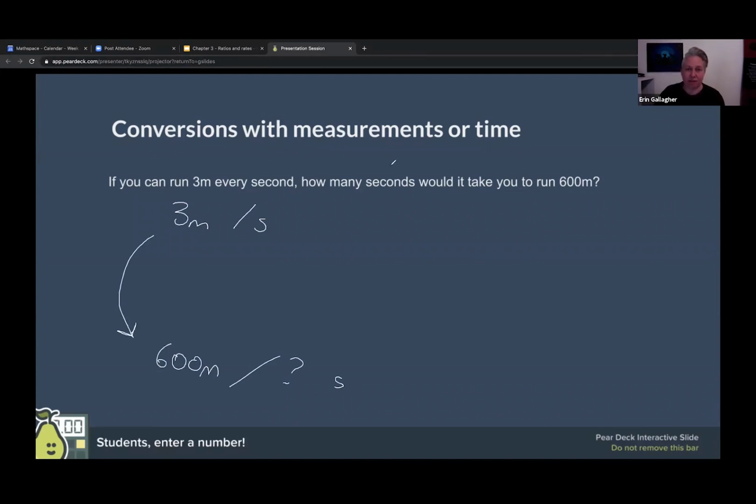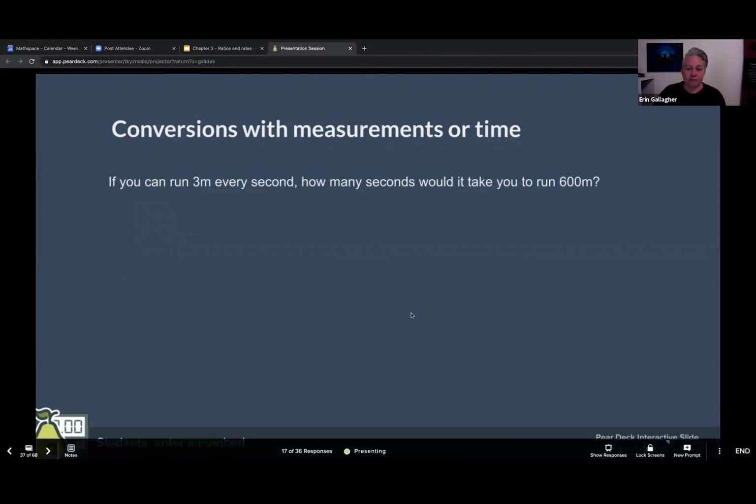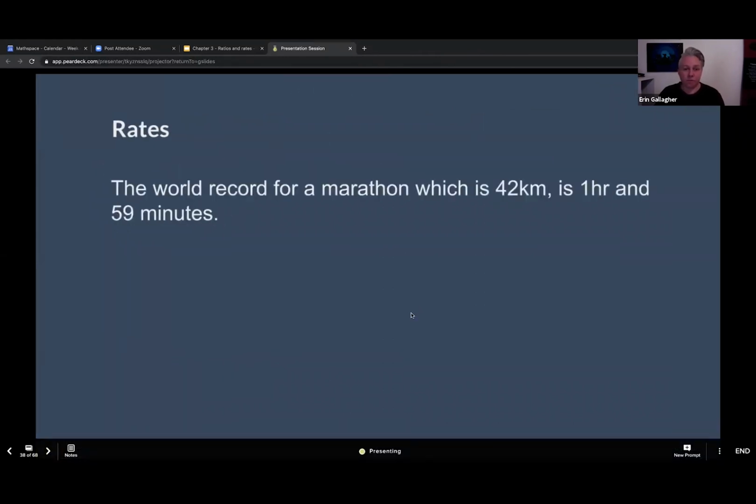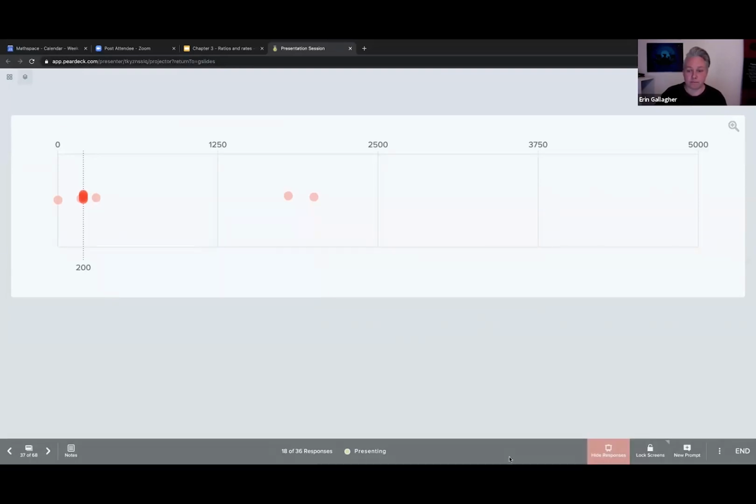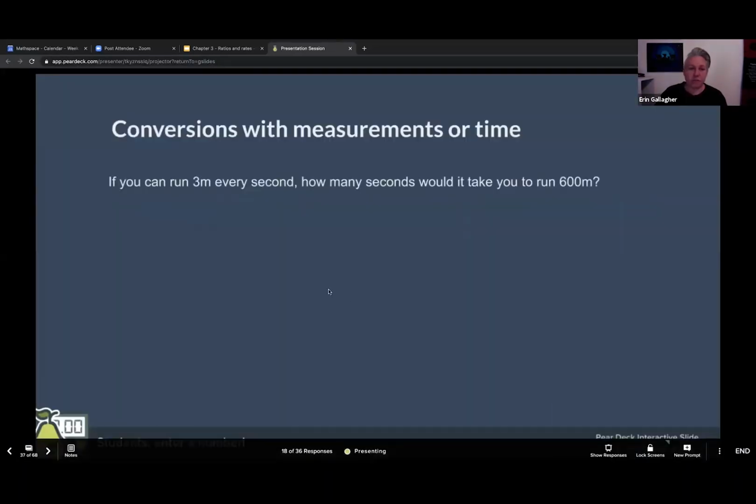That's what we're thinking about there. Show responses. So how do I get from 3 to 600? I times it by 200. Yeah, so that's right. It's going to take me 200 seconds. Well done.